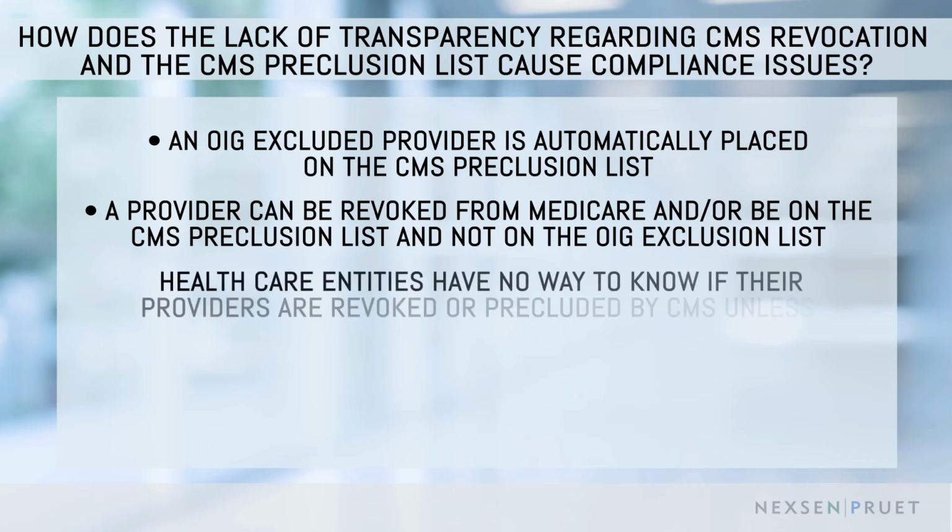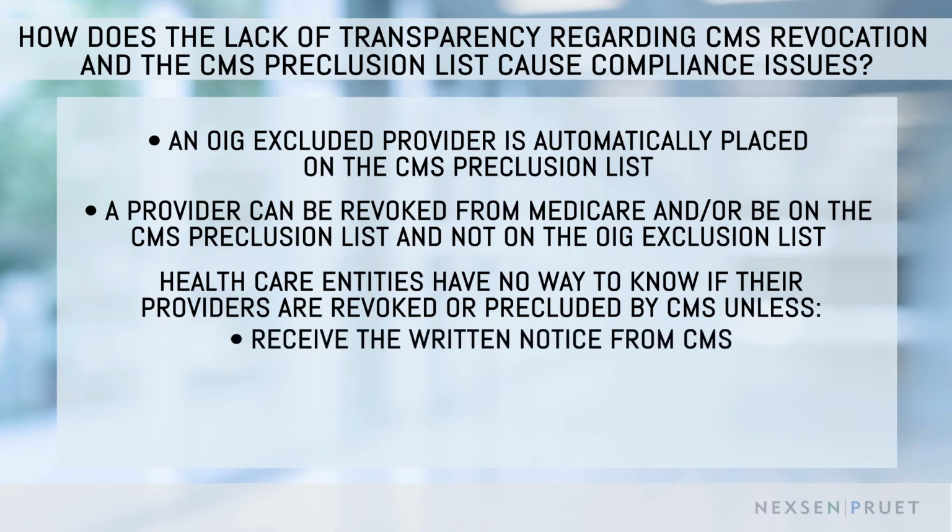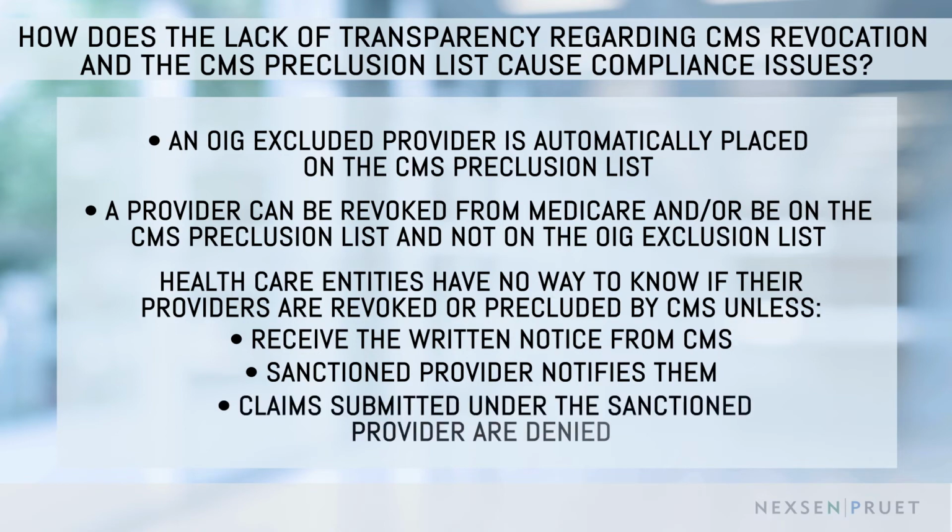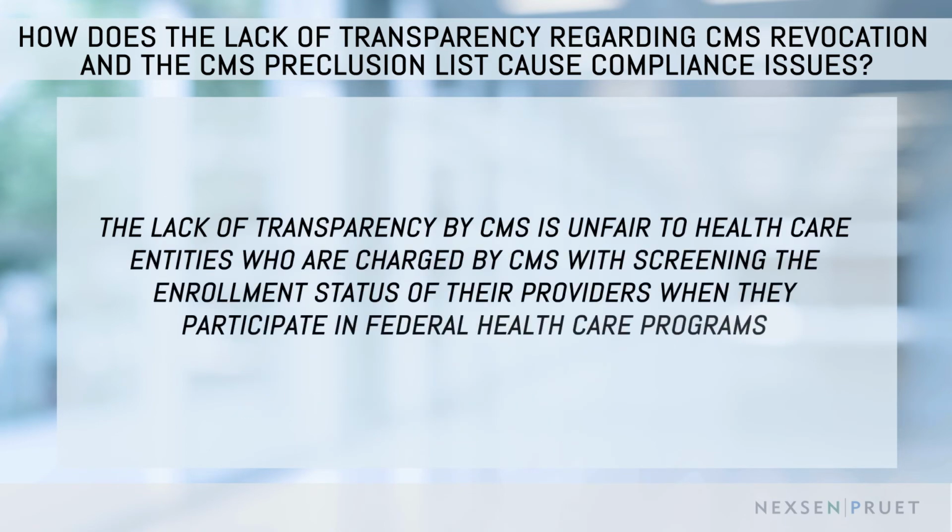Currently, healthcare entities have no way to know if their providers are revoked or precluded by CMS unless they receive the written notice from CMS, the sanctioned provider notifies them, or claims submitted under the sanctioned provider are denied. The lack of transparency by CMS is unfair to healthcare entities who are charged by CMS with screening the enrollment status of their providers when they participate in federal healthcare programs.